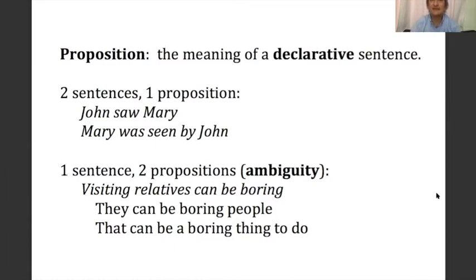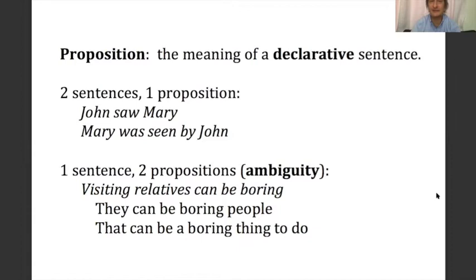Sometimes you have two sentences that, at least possibly, denote the same proposition. John saw Mary, and Mary was seen by John. Yes, there are differences between those two. I'm not sure what those differences are, but they seem to also be saying the same thing.